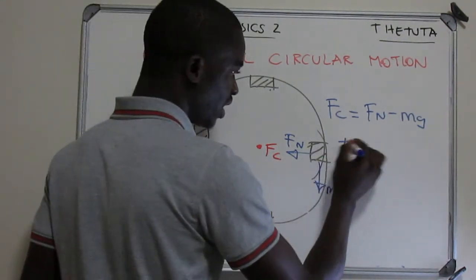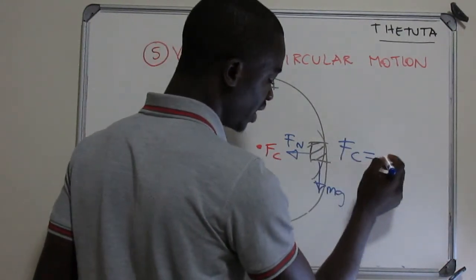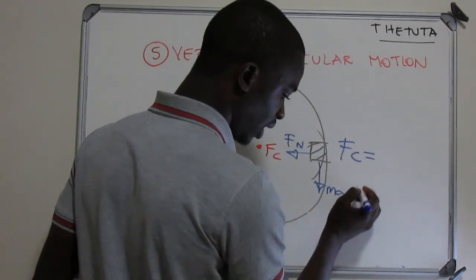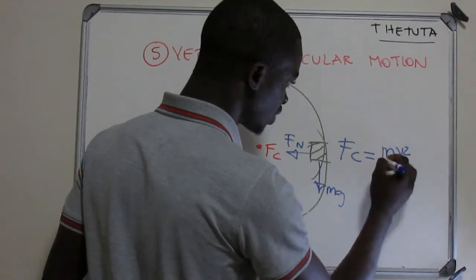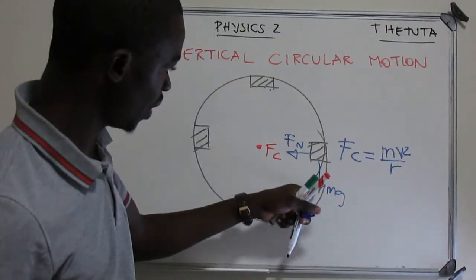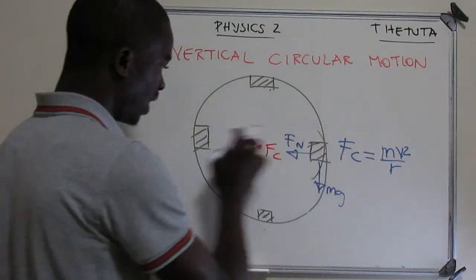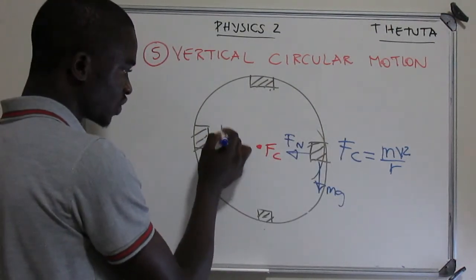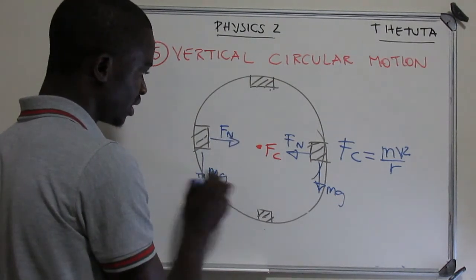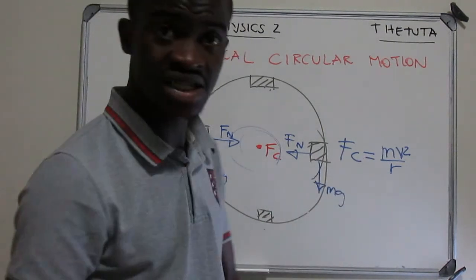Therefore our net centripetal force, in this case, is going to be given by mass velocity squared over r, because we are going to neglect this weight. This also applies when we are on this side, because remember the net force will be here, and as well the weight is there. So the centripetal force here will be just this equation. This is the part that you need to keep in mind.